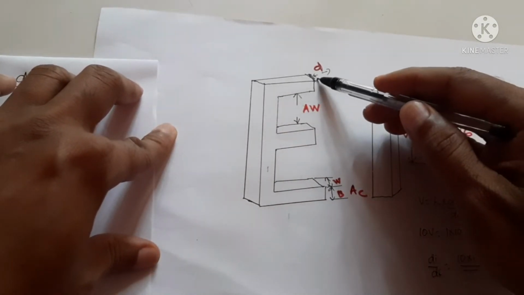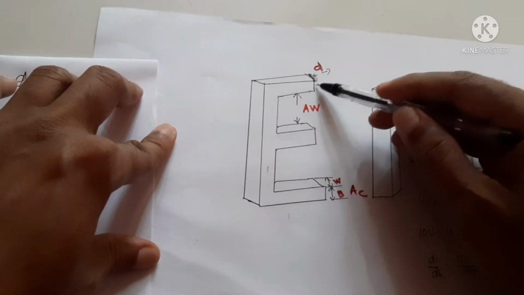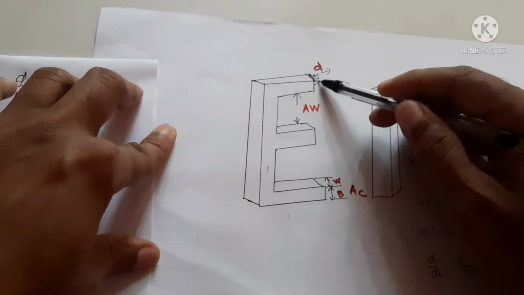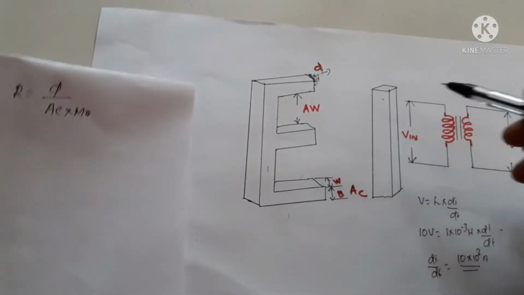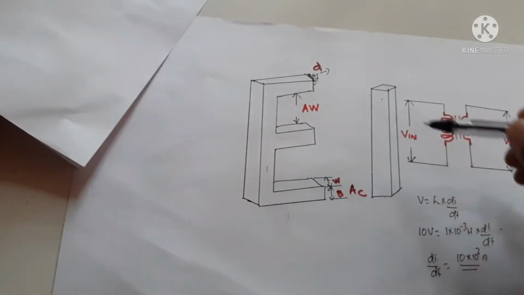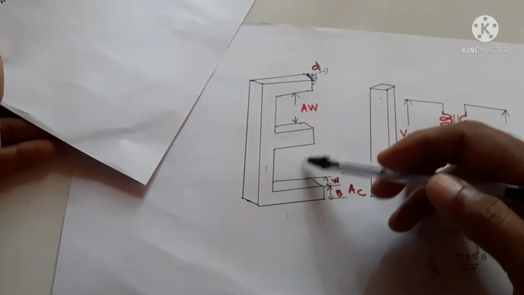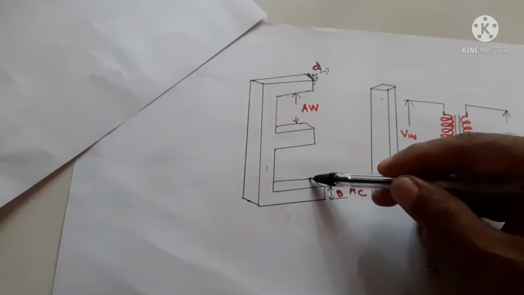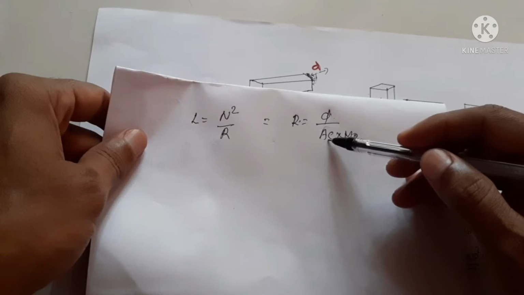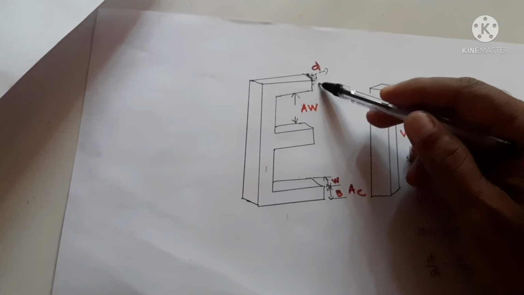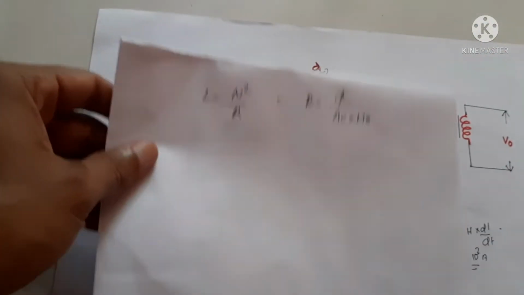If we put this core close to this, and there is a gap between this and this, the gap is called D. If D increases, the reluctance increases. That means the flux finds it more difficult to flow through the circuit. AC is this area, the core area. If AC increases, reluctance decreases, and if the gap D increases, reluctance also increases.